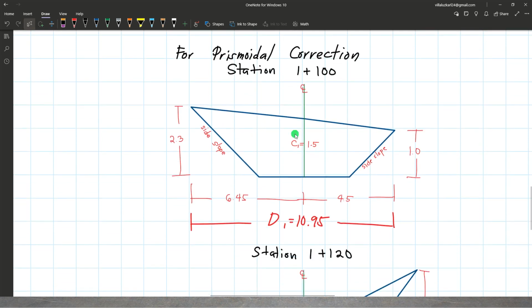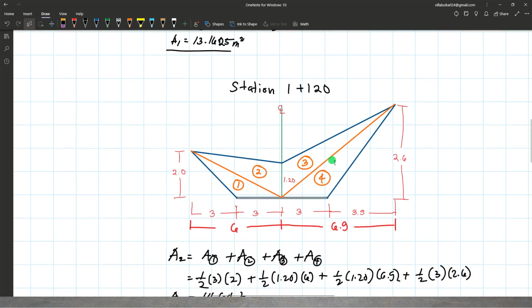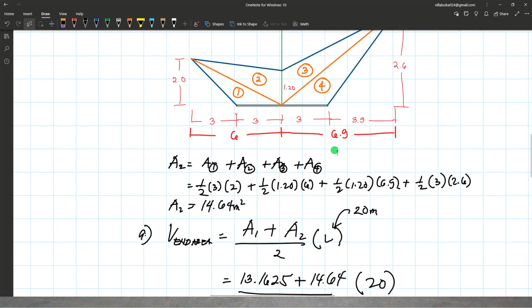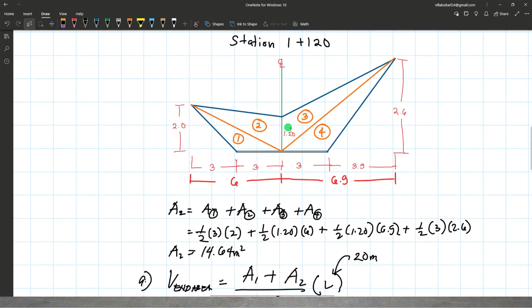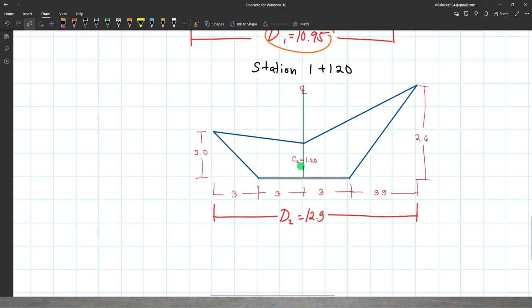Our C1 there is this one, the vertical distance at the center, and the total horizontal distance D1 is 10.95 when we add 6.45 and 4.5. When we add 6 and 6.9, that's D2. And we have C2 of 1.2.